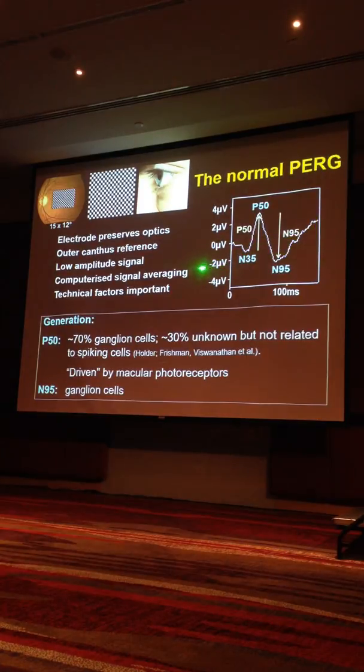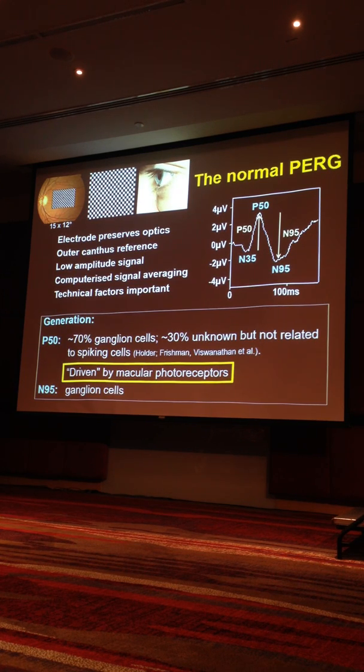So technical factors are important, but once they are taken into account, trial to trial, test-retest variability is just like a full-field ERG. And at least 70% of P50 and all of N95 is generated in the retinal ganglion cells, but P50 is driven by the macular photoreceptors and acts objectively as a measure of the function of the macula.